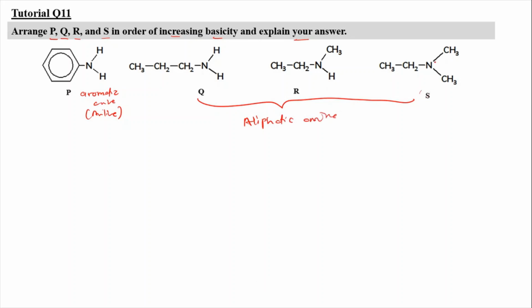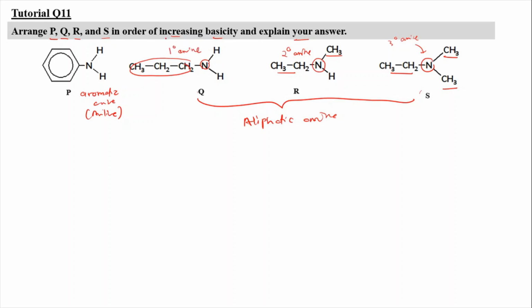For S, it's going to be a tertiary amine because the nitrogen is attached to 3 alkyl groups. For R, it's attached to 2 alkyl groups, so it's going to be a secondary amine. For Q, it's attached to 1 alkyl group, so it's going to be a primary amine.